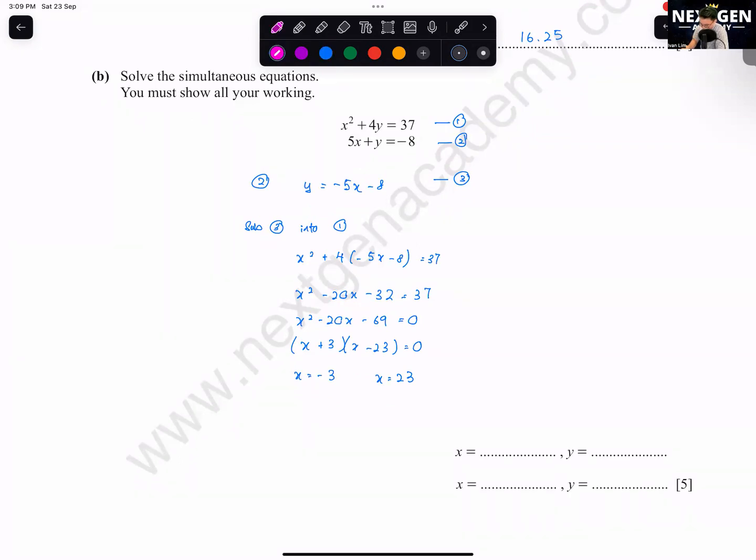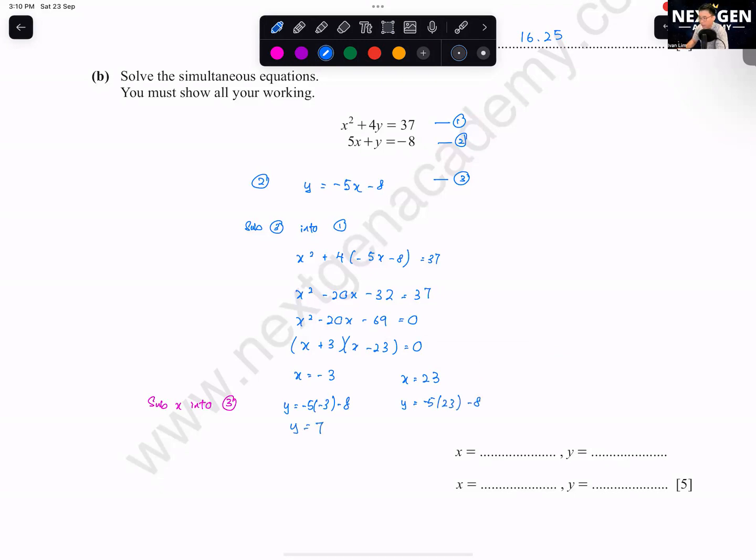Now, I'm going to sub x into equation 3. Which you will get y equals negative 5 times negative 3, minus 8. This one you get y equals negative 5 times 23 minus 8.